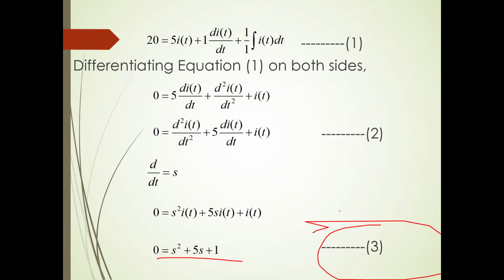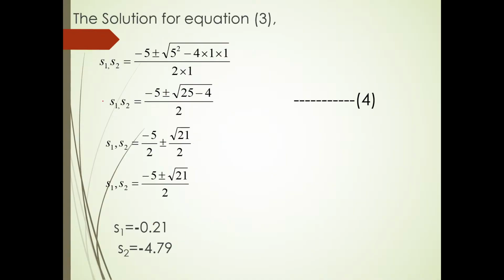I must remember that in the other slides, where I have written equation 2, I have to replace it with 3. So this is our equation 3, the quadratic equation. We have to determine the roots for equation 3. So s1, s2 is equal to minus 5 plus or minus root of 5 square minus 4 into 1 into 1, by 2 into 1.